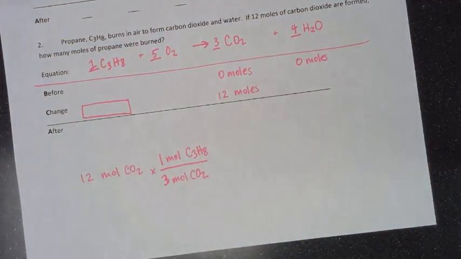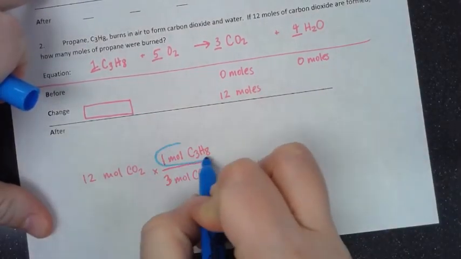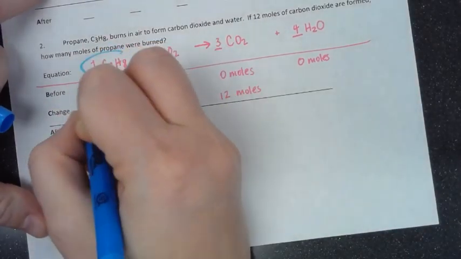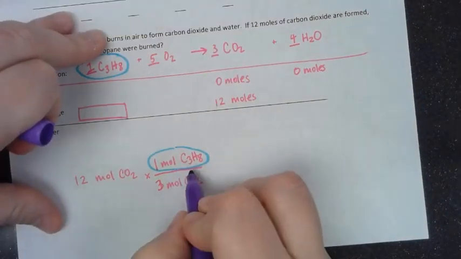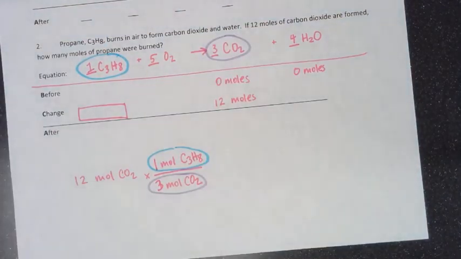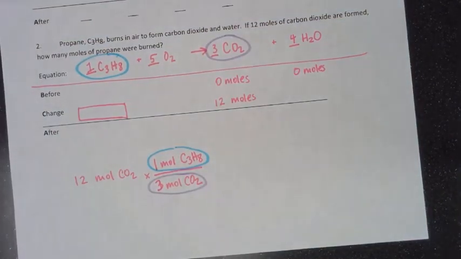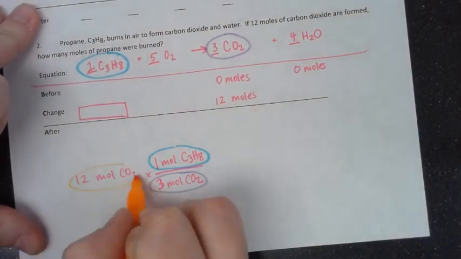So here's where those numbers are coming from. This number comes from here. This number comes from here. And this number came from here.